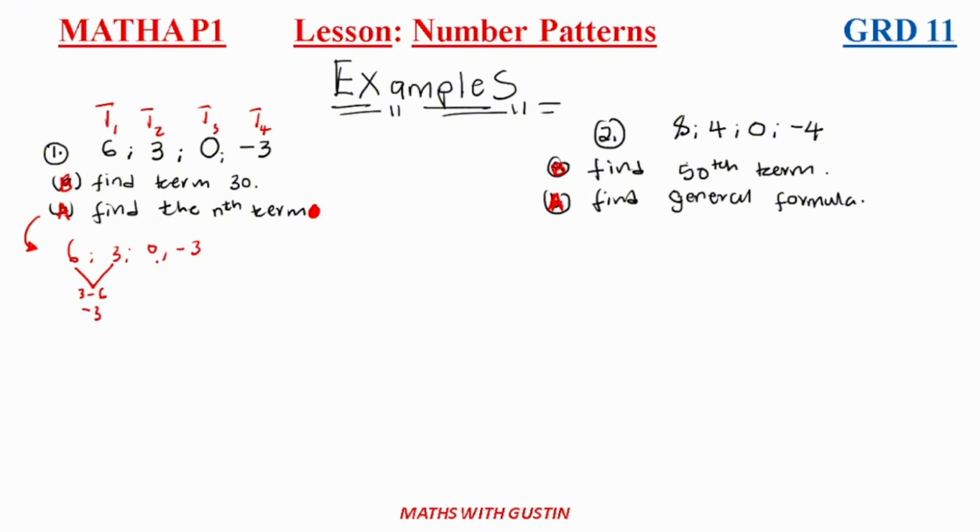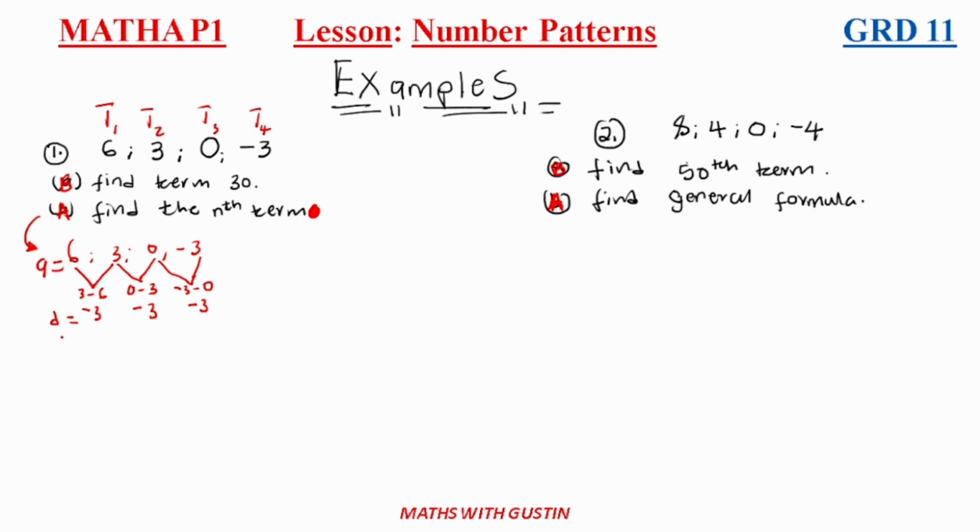Then 0 minus 3 gives us -3 as well. Then -3 minus 0 gives us -3. So as you can see, we have a constant difference of -3, and our first term a is equal to 6.